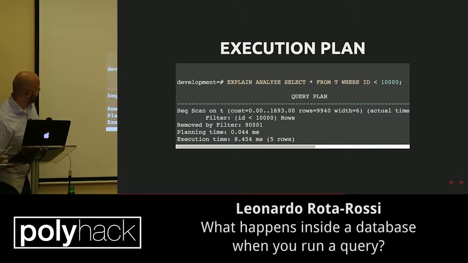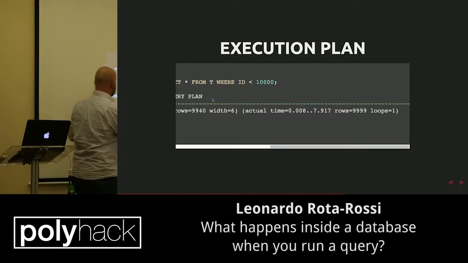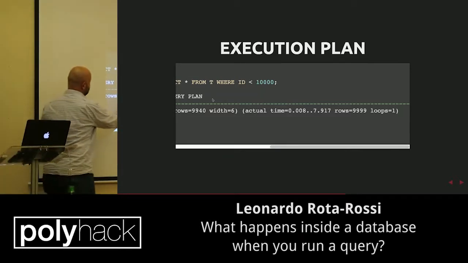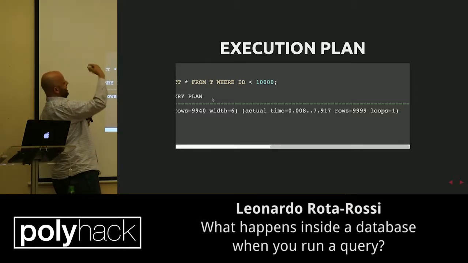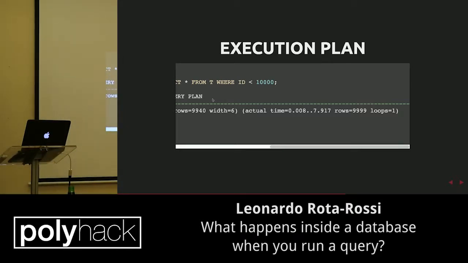This is the actual time. Because of stale statistics, it estimated that it was going to read 9,940 rows, and actually read 9,999. And this was the time spent processing the data.